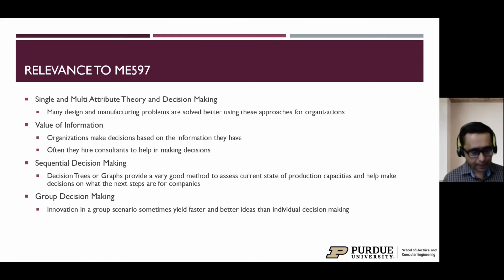Finally, we will look at how this whole topic that I just presented is relevant to ME597. I'm just going to list out a few things that we actually looked at in the process of the course. This is single and multi-attribute theory and decision making.